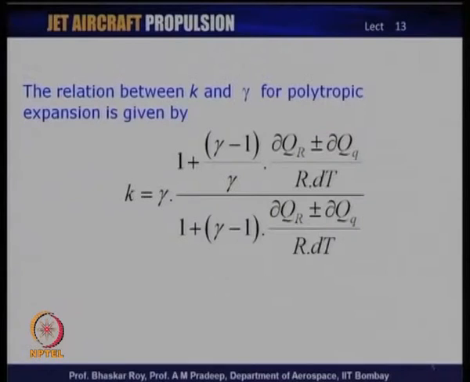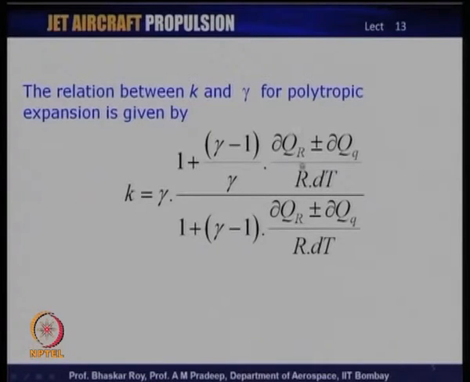So, the relation between K and gamma for a polytropic process is given more rigorously, assuming that K1 is equal to K2 and we have one value of K, and that is given in terms of gamma, the heat transfer that is taking place.